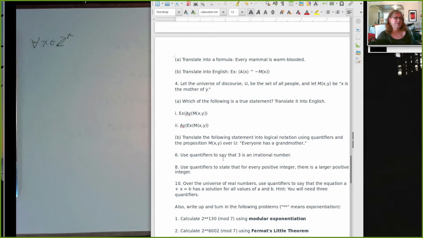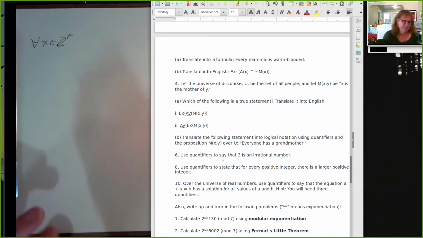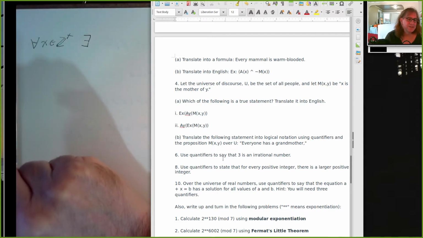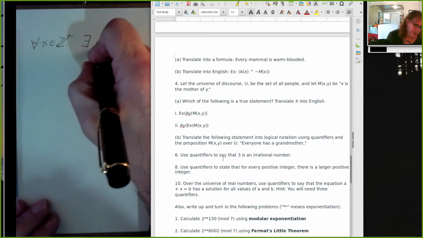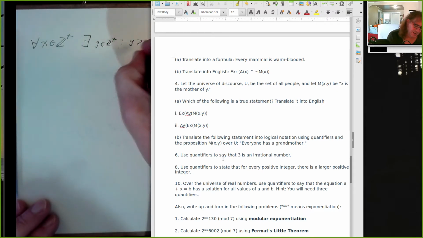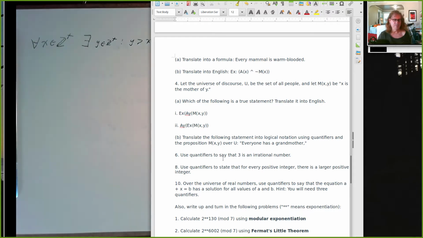For all x, for every positive integer, there exists a larger positive integer, a y which is a positive integer such that y is larger than x.